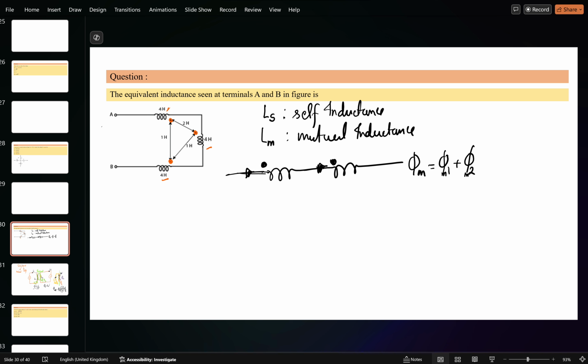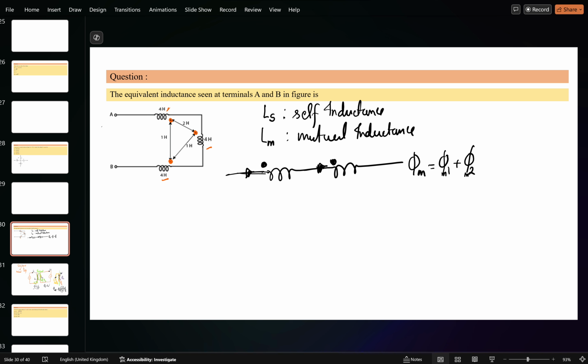Suppose the dotted point is in the opposite direction. It means that the current which is entering the positive terminal is actually leaving from the opposite side, the opposite series circuit. It means that the phi m will be equal to whatever the linkage was there. It is like this. So it is reducing basically.